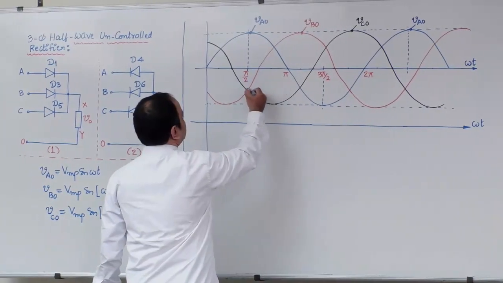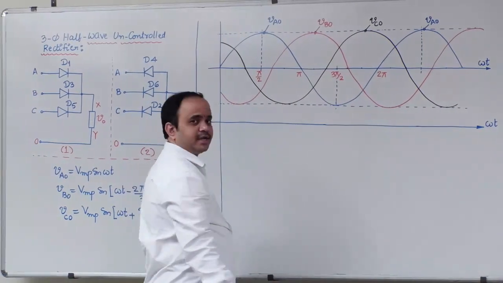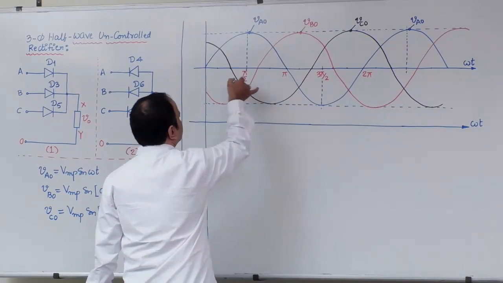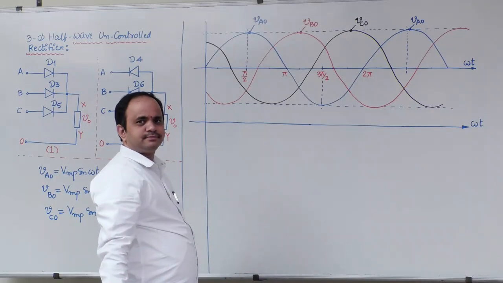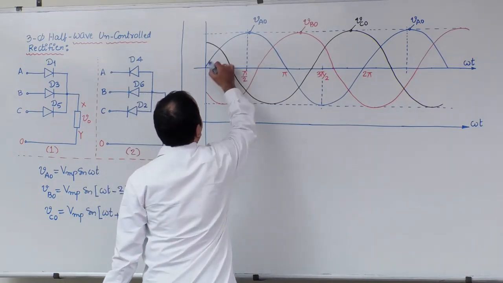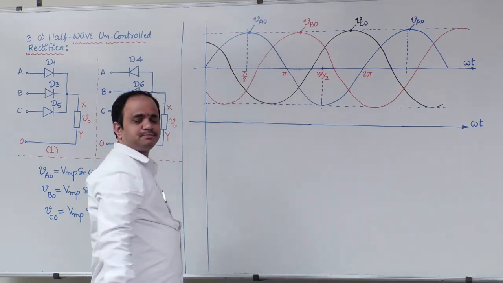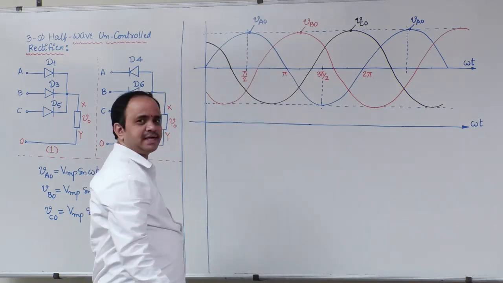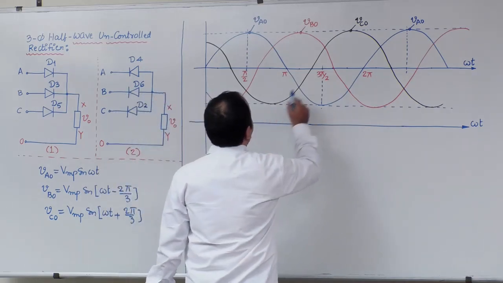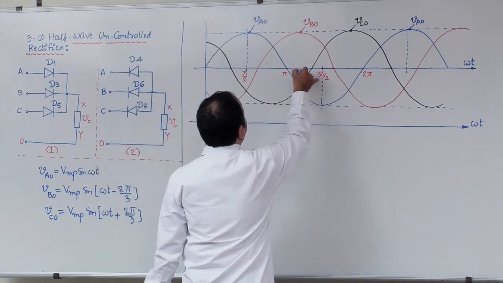At omega t is equal to 90 degree, I can notice that red and black are crossing in the negative side. At that instant, blue color waveform VAO has positive peak. Next, at this point, this is a 210 degree.